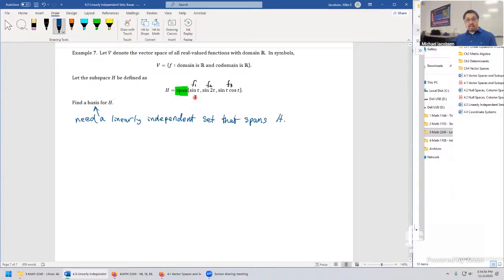Turns out it's not. One of these functions is a linear combination of the other two. Anyone spot which one it could be?